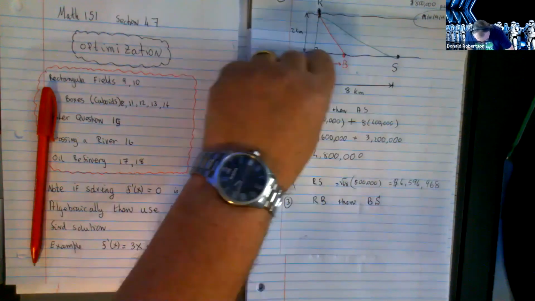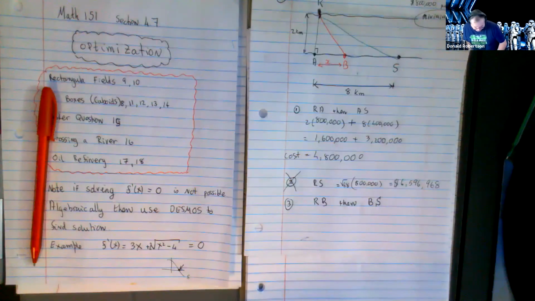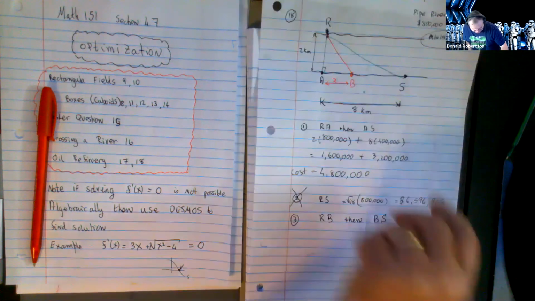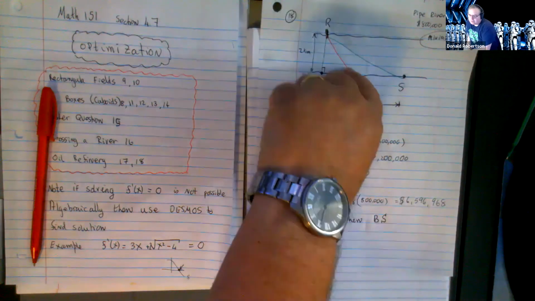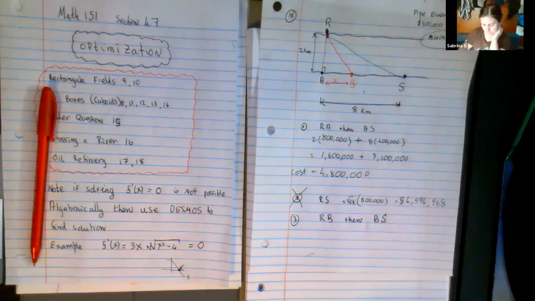What is the distance from R to B going to be then? Two and X. What's the distance from R to B going to become? Square root of 4 plus x squared, right?